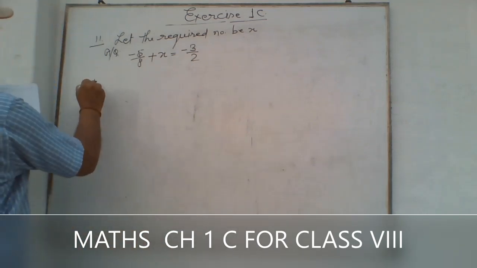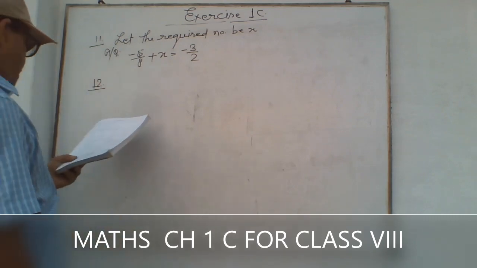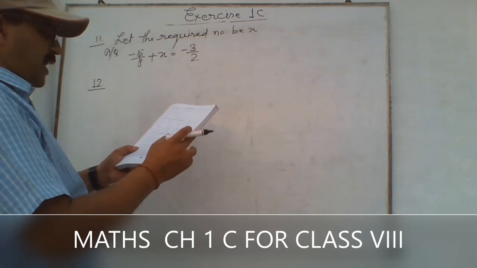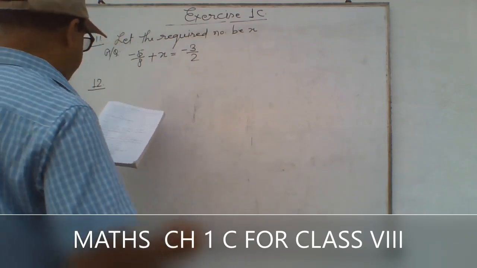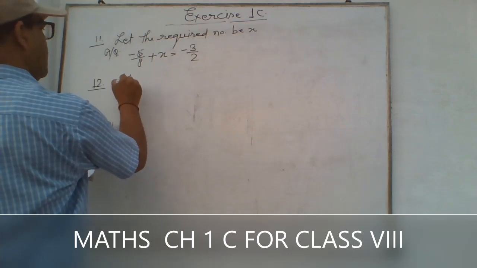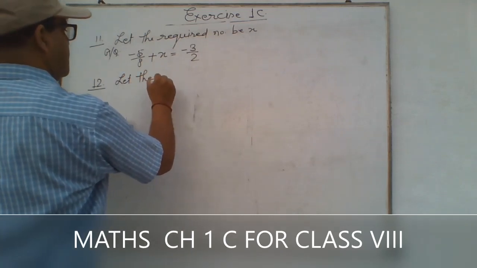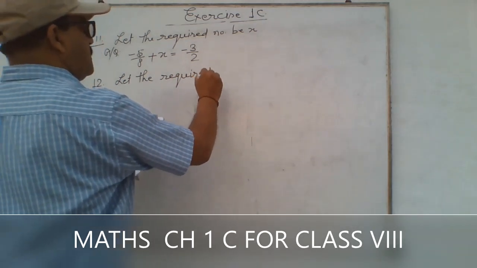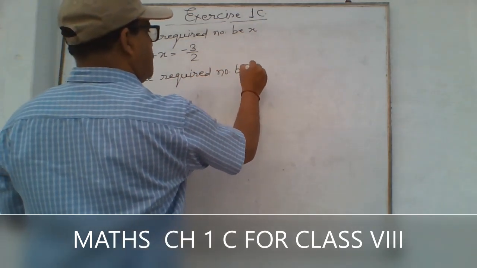In question number 12, what number should be added to minus 1 so as to get 5 by 7? Like the same, let the required number be x.